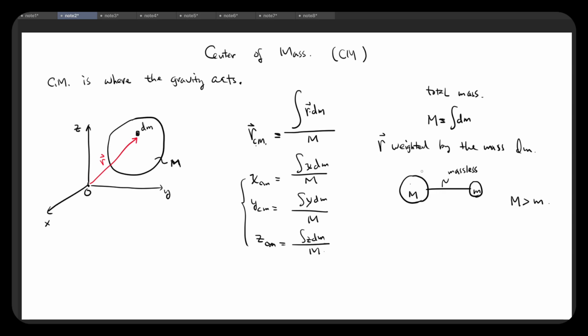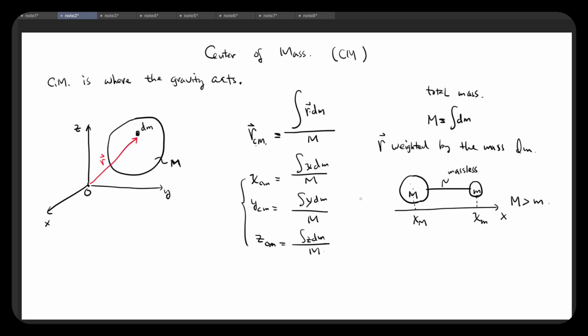It's really tiny mass compared to the other two, and these two masses we can also think of as single dots. So here is a one-dimensional system, and we can build a coordinate system like this, the x-axis. The position of the big M is x big M, and the position of little m is x little m.